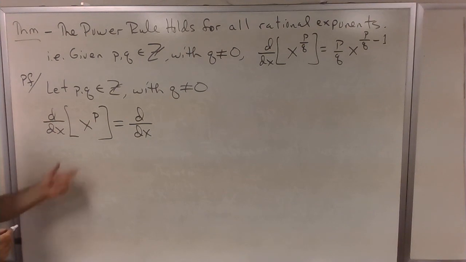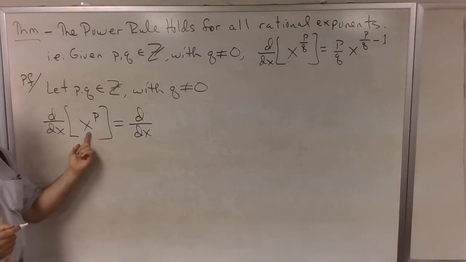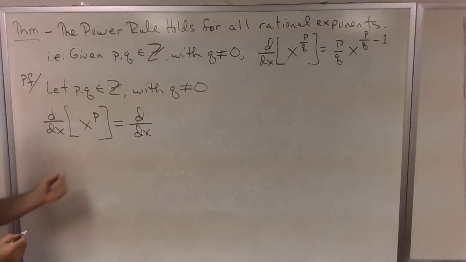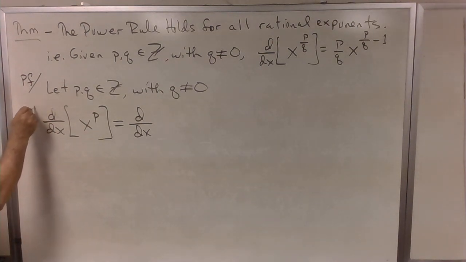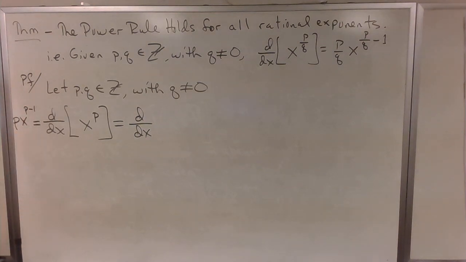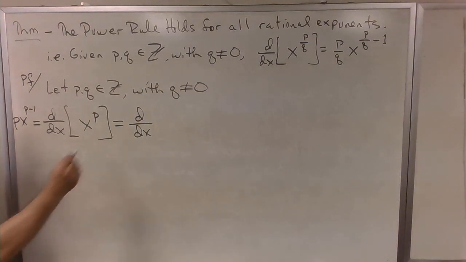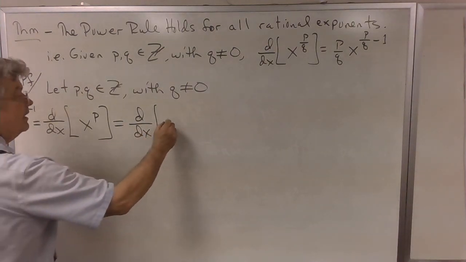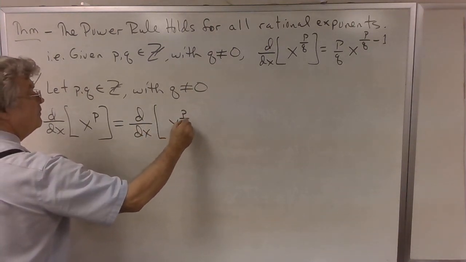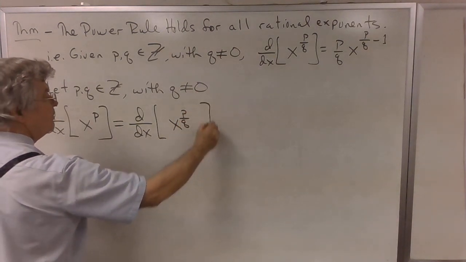Okay, so I'll try this again. Oh, by the way, the advantage of starting here is that we know what this is. We know that this is p x to the p minus 1. Now, I guess somehow I have to get x to the power of p over q here. X to the p over q.